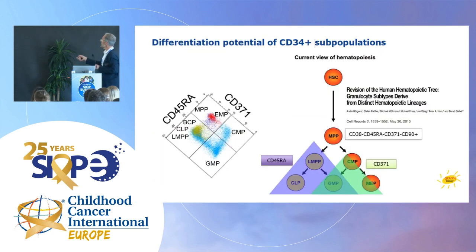The newer assumption is that you start with a hematopoietic stem cell, you come to this MPP, this multipotent cell, and then you go into two directions, which is rather the erythroid, megakaryocytic, and granulocytic direction. This is the direction defined by positivity in CD371. And the other way around is going into the lymphatic and dendritic cell direction and monocytic direction, LMPP.